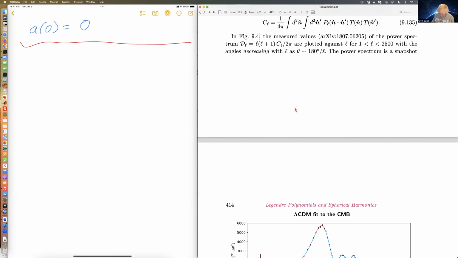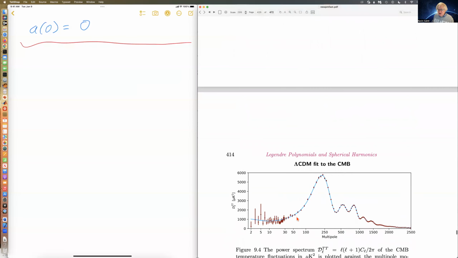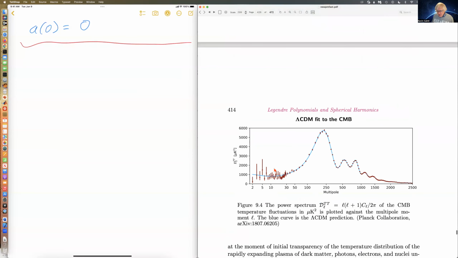it's a model. The model is called cold dark matter, or lambda cold dark matter, lambda being a dark energy density, and dark matter being most of the matter in the universe, and lambda being most of the energy density of the universe. And the fit is remarkably good.